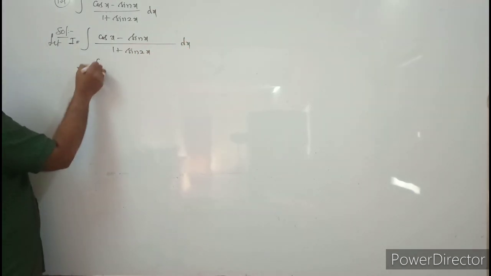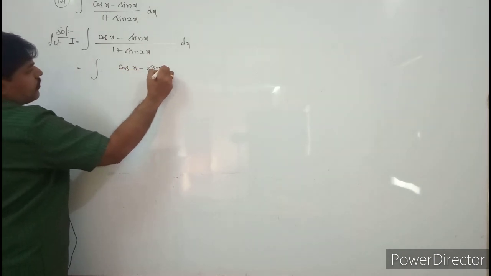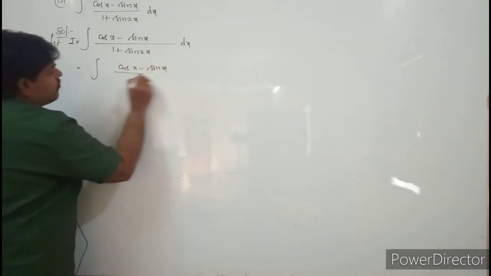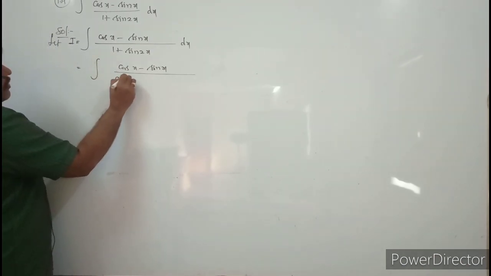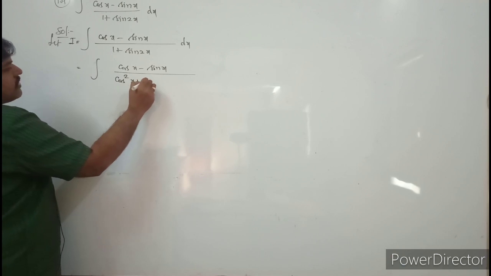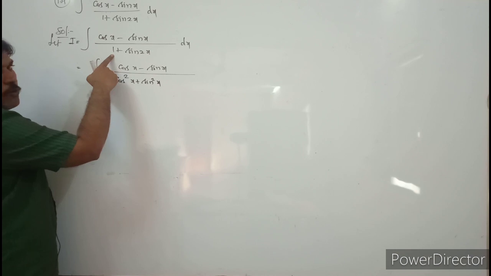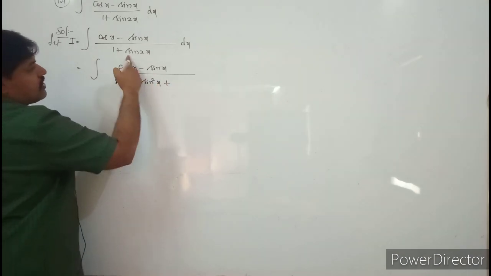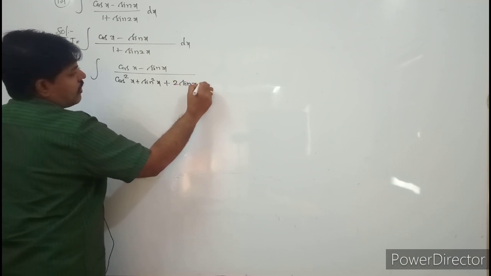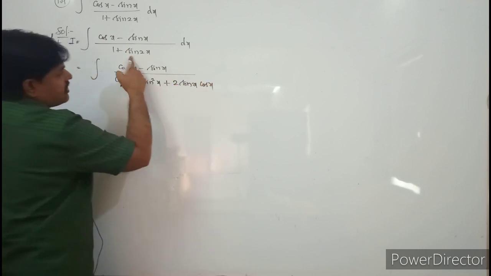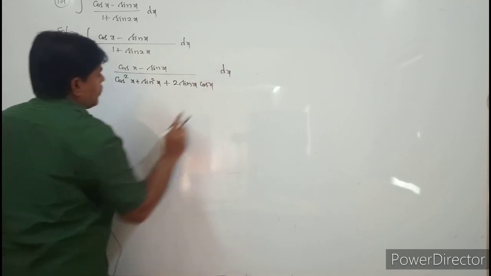So this is equal to integral of cos x minus sin x by, this 1 you can write as cos square x plus sin square x. Why? Because cos square theta plus sin square theta is 1, plus sin 2 theta formula is 2 sin theta cos theta. So you can write sin 2x as 2 sin x into cos x into dx.